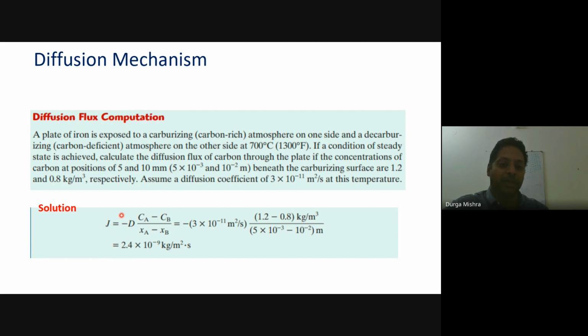You have all the details, so you can just substitute and calculate the flux J. By substituting, you get the flux: 2.4 into 10 to the power minus 9 kilogram of carbon will be diffusing across this iron. This is the area, so if I take 1 square meter of the plate, per second, 2.4 into 10 to the minus 9 kilogram of carbon will be transported from one end to the other end.